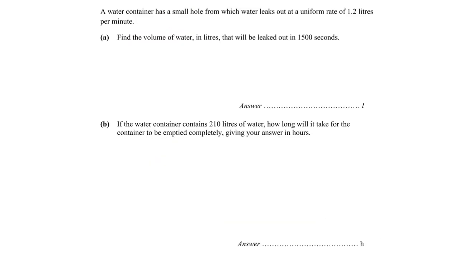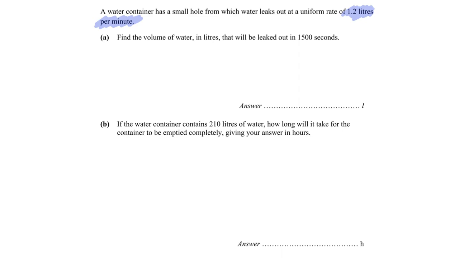Hello everyone, welcome to this question where we are given a water container which has a small hole where the water is leaking at a uniform rate of 1.2 liters per minute. This means every 1 minute is 1.2 liters of water that is leaking out.